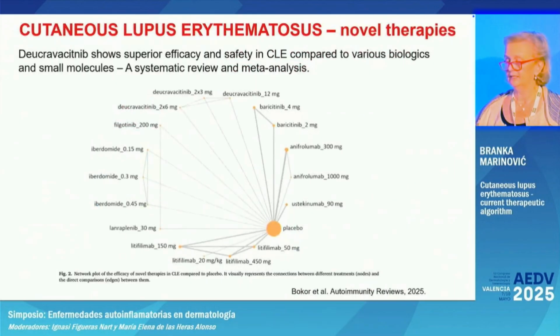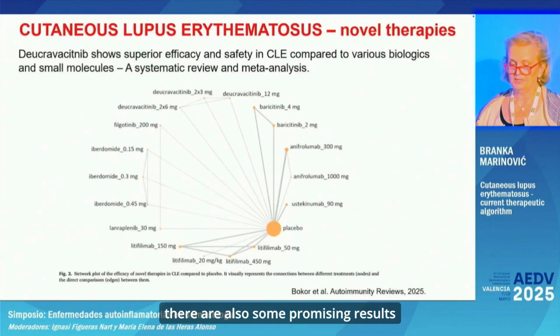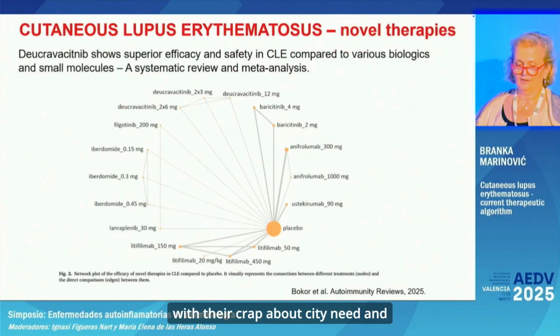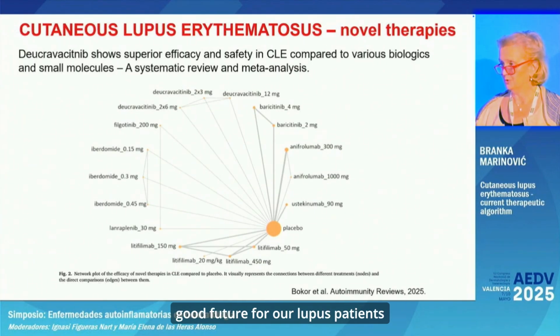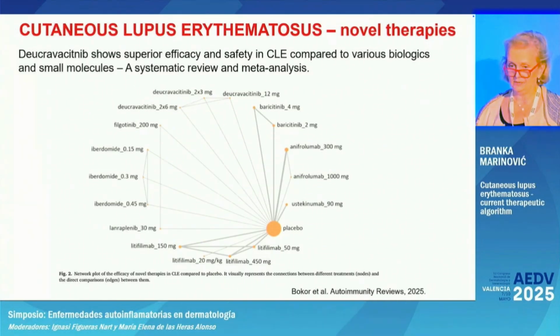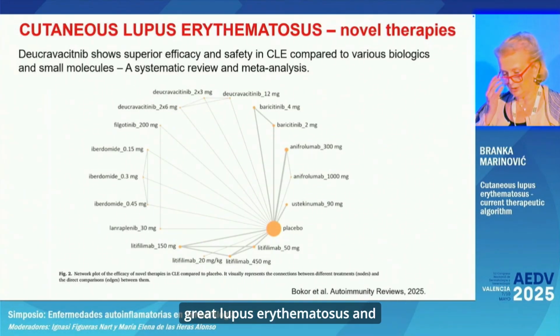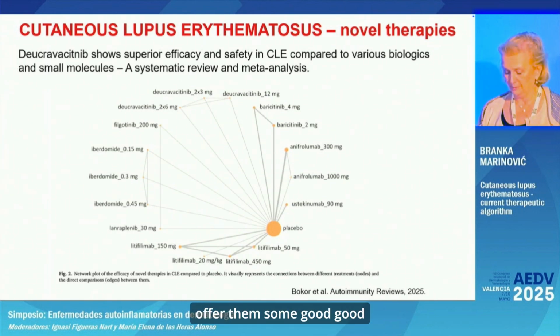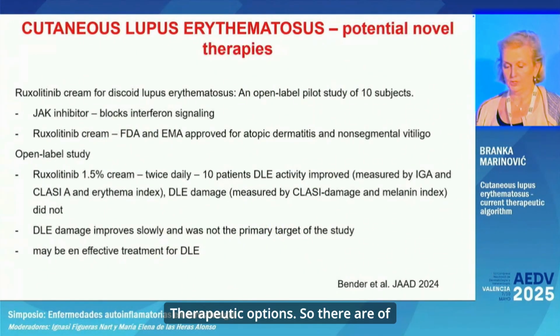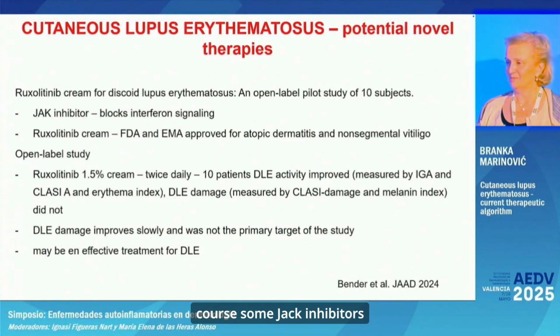I think there are also some promising results with deucravacitinib, and that is the reason why I think there is a good future for our lupus patients, who for a long time have been really suffering from severe disease, especially patients with discoid lupus erythematosus, and we were not able to offer them some good therapeutic options. So there are, of course, some JAK inhibitors.